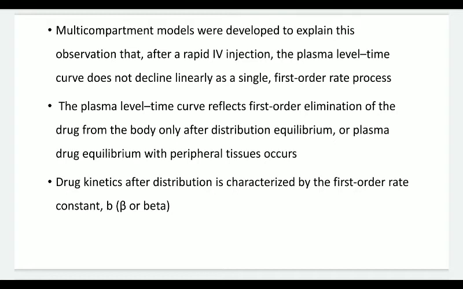That means the drug is completely distributed throughout the body, even at the peripheral tissues. Drug kinetics after distribution is characterized by first order rate constant, that is small b or beta.